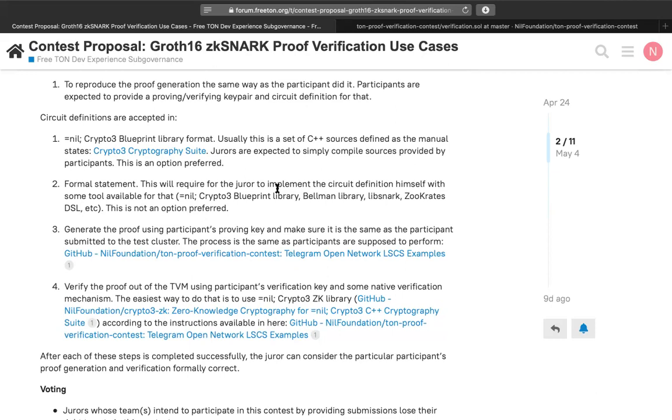The actual sequence of actions of a juror differs from that of a participant only by not writing the code. Initially, what are you going to do? First of all, you have to deploy that to the test cluster. It is not very stable right now, but lately it's becoming more and more stable, and it should be okay.